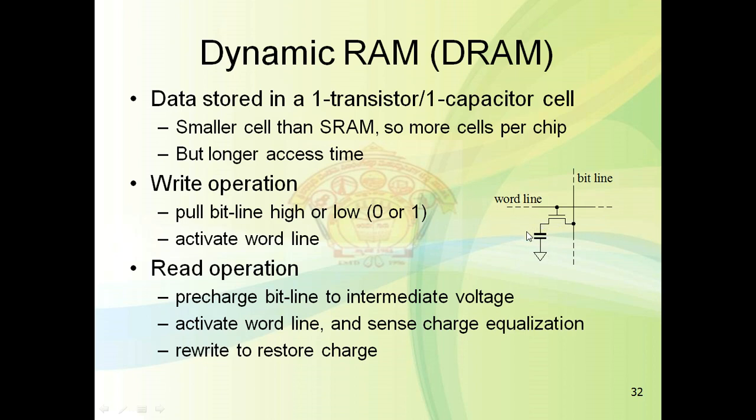If previously stored data is 0, then the bit line voltage will start decreasing, and hence it will sense that the data is 0. In this way it senses the data, amplifies it, and stores or reads it.